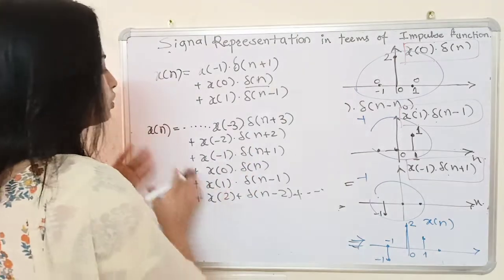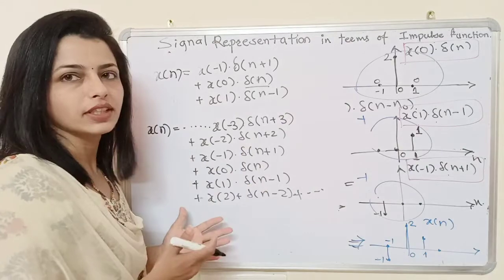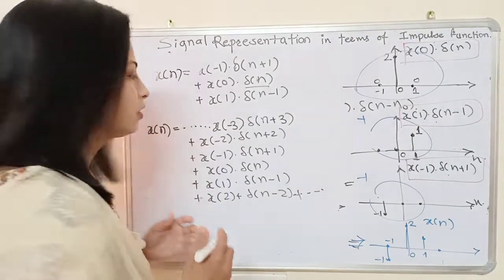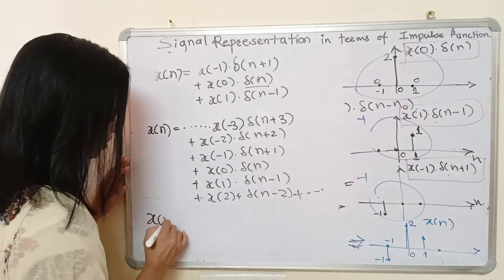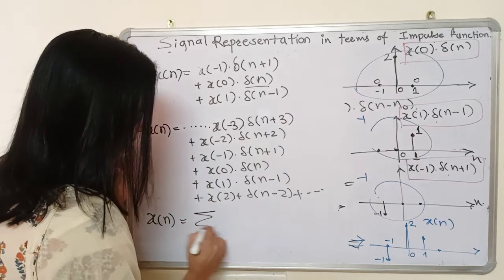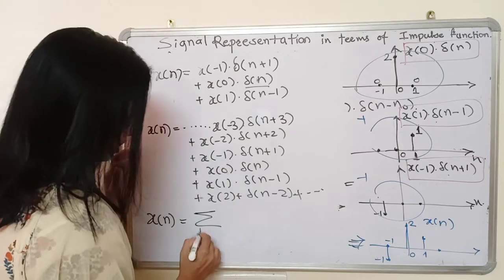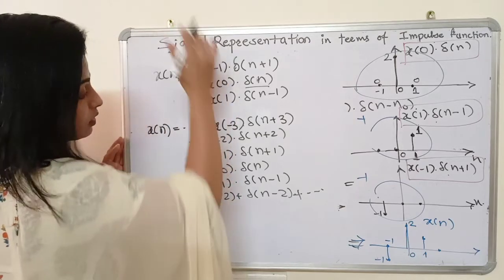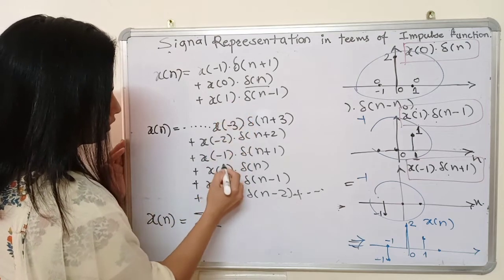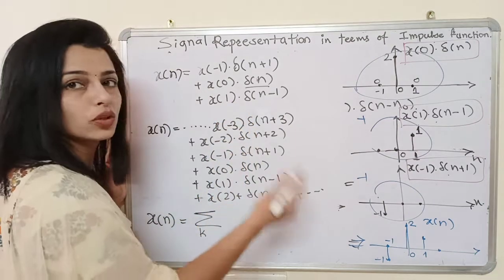Okay, so we are writing every sample. So let us write in terms of a summation. Okay, x of n. So when we are writing summation, let us take k, which is varying from minus infinity, like this 0 1 2 3 and so on up to infinity.